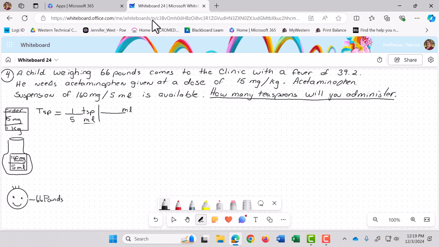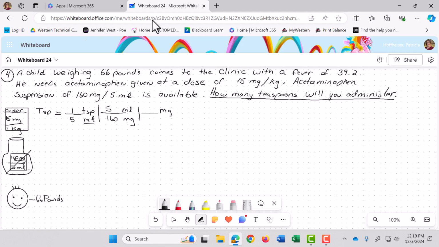So they're going to go over to their suspension, which has 160 milligrams per 5 mLs, because that's where the mL is. So it's 5 mLs in 160 milligrams. Okay, now they have the next setup of their problem. Multiplication, fraction bar, milligrams is on the bottom, so milligrams must go on the top of the next one.